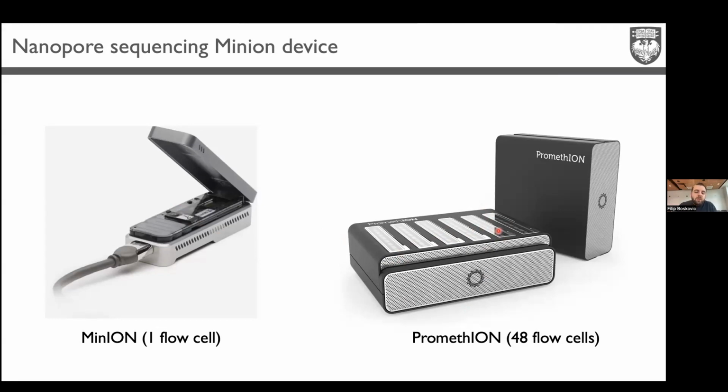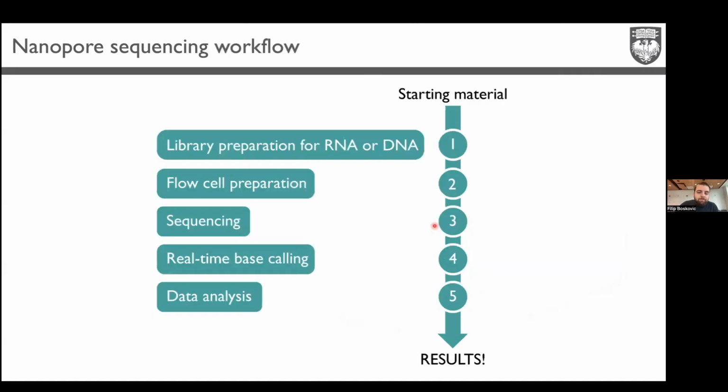So in that sense, you can either have a very portable device, because this device you can plug into any laptop and go anywhere in Africa, Asia, South America, anywhere that you want in the field. Or you can have something that's clinically relevant and you want to do high throughput sequencing.